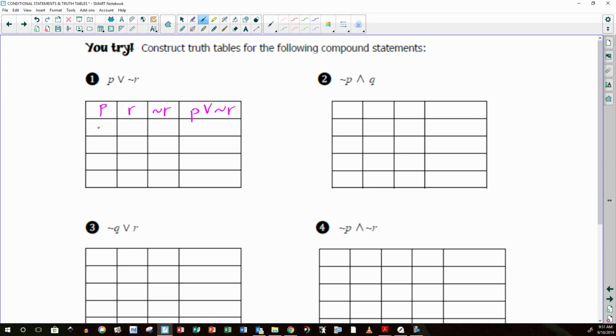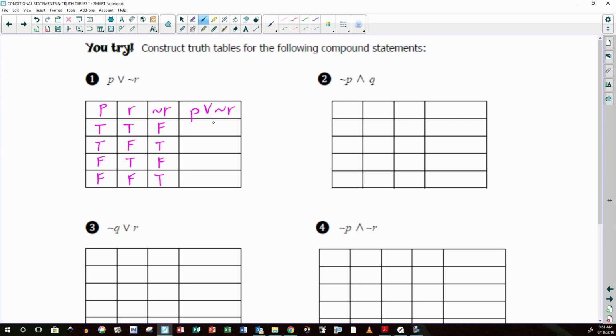Okay? You're always going to go true, true, false, false. And then the second column is opposite, true, false, true, false. So you alternate. Not R is the opposite of R. So if R is true, then not R is false, and so on.